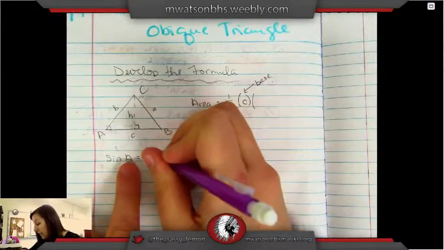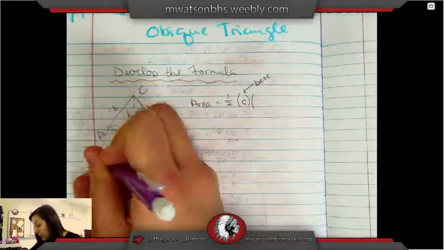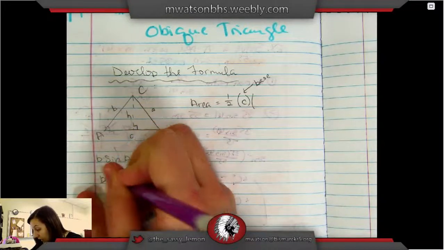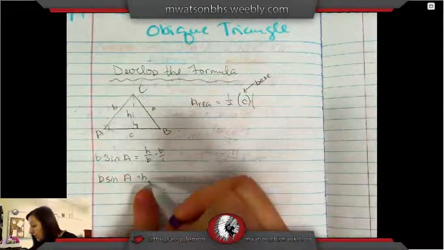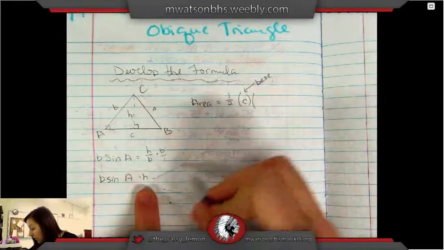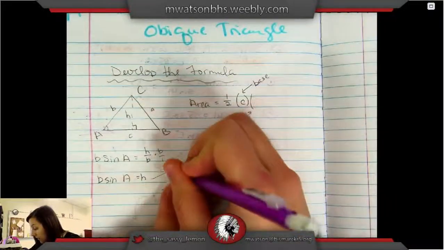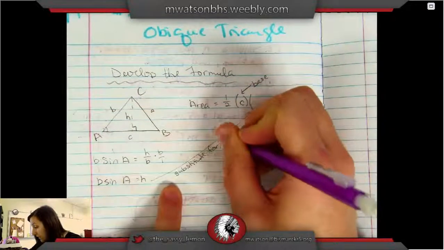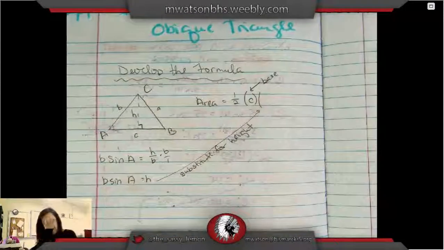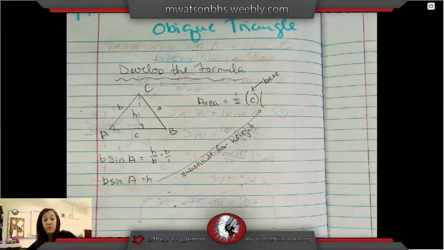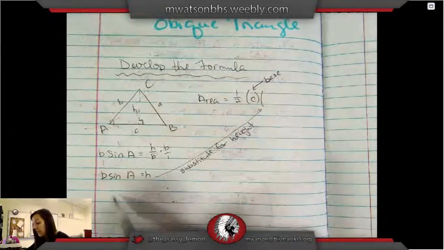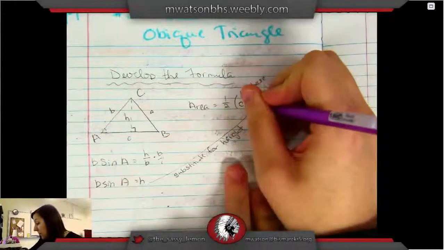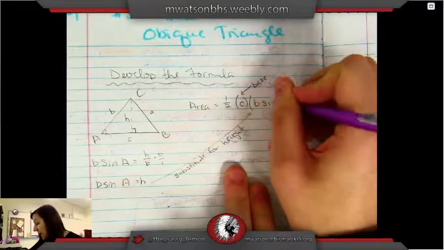We can get h by itself by multiplying by b over 1, and so h equals b sine of A. And so we can substitute that in up here for height, because the variable h does us no good. But if we can create something that uses the information we're given, then that's much more useful. So we're going to put b sine of A right here.